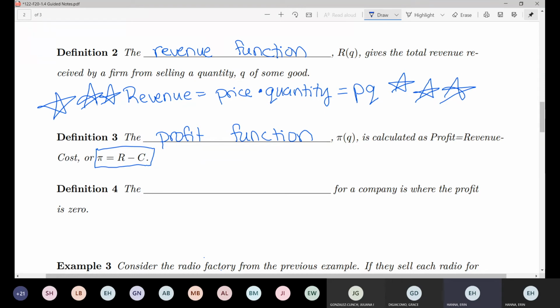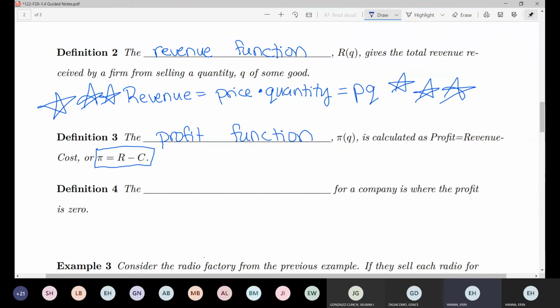And that's going to be based off of how much money you had from selling things, the revenue, but then you have to pay people or else they're going to get angry at you. So you take however much money you got from selling the stuff, pay the people you need to pay, and whatever is left over is what you get to take home. So it does make sense, revenue minus cost, the amount of money you have in total minus the stuff you have to pay people.